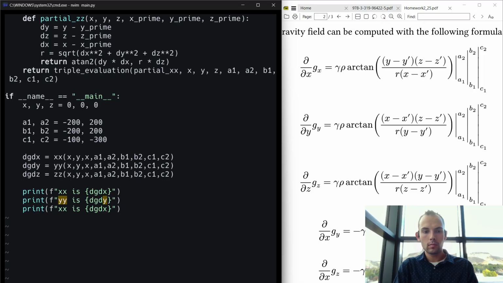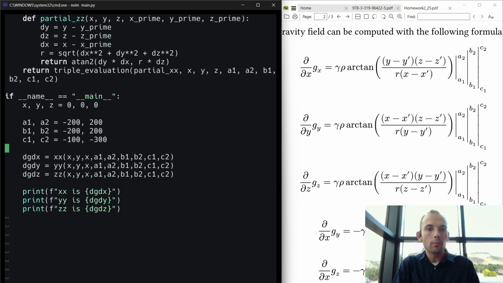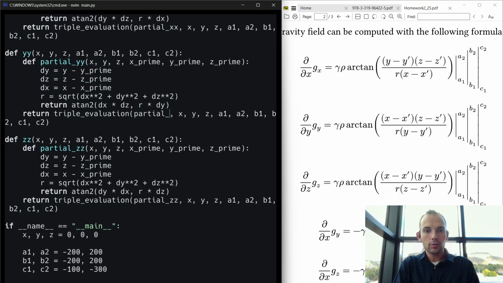Y. Sorry, I was trying to do some fancy Vim stuff. Sometimes it's just easier to do stuff manually. What have we got here? Oh, forgot to do this. Forgot to update the actual triple evaluation.